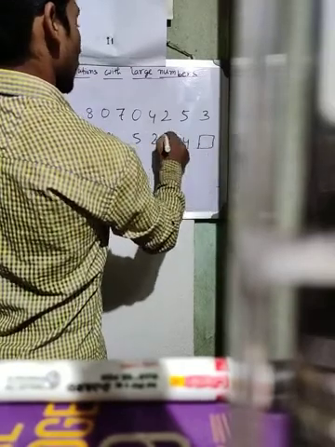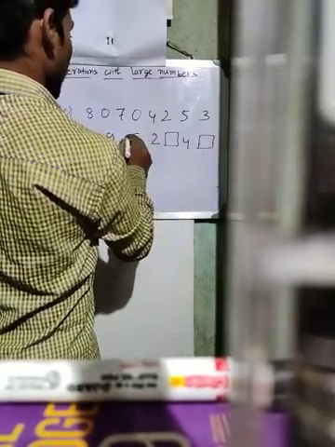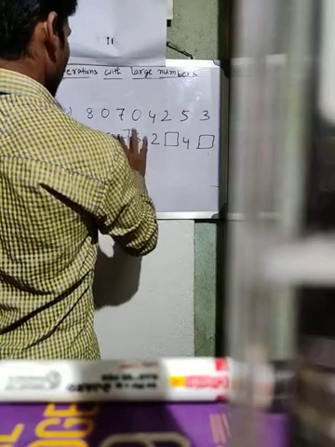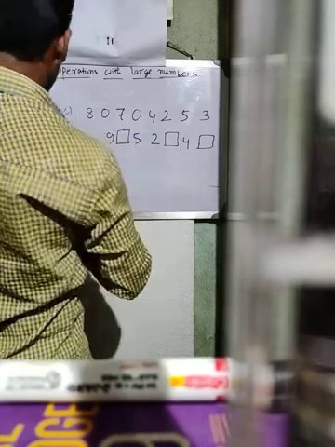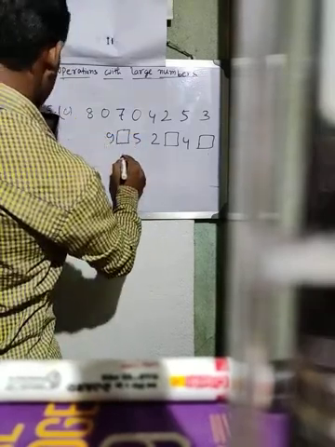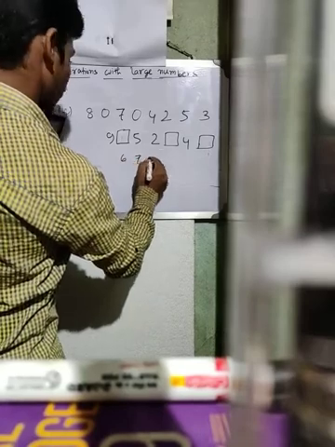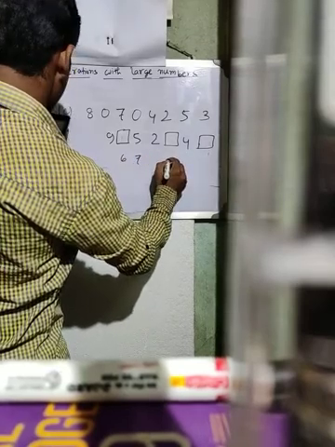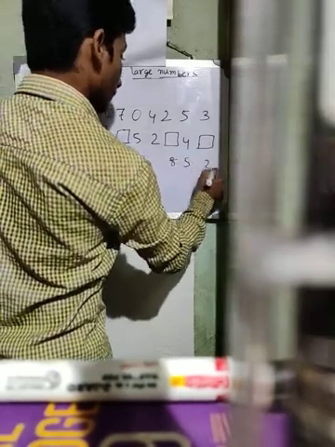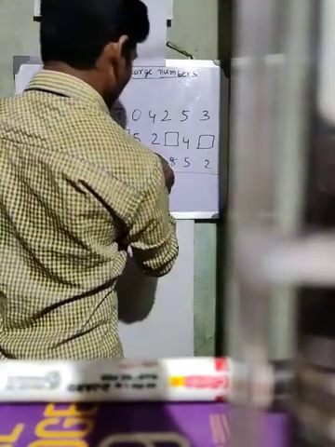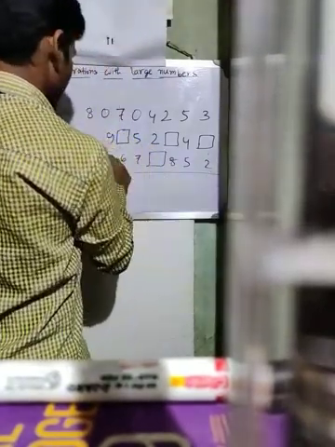All the rest of the places are empty. Next, 6 7 8 5 2. The rest of the places are empty.